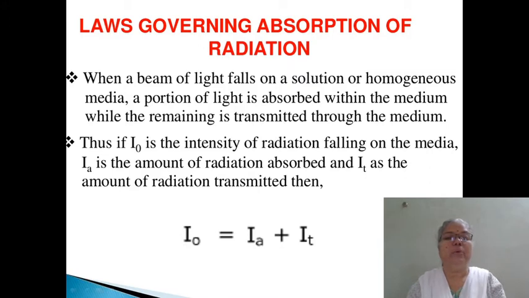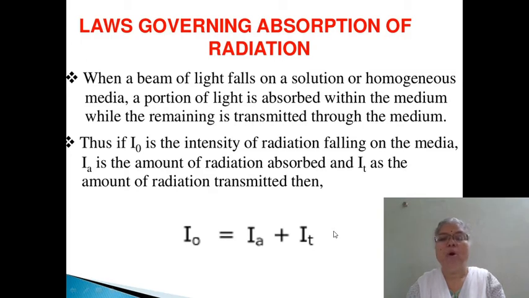If I0 is the intensity of radiation falling on the medium, IA is the amount of radiation absorbed, and IT is the amount of radiation transmitted, then we can write the intensity of incident radiation as the sum of the intensity of absorbed radiation plus the intensity of transmitted radiation plus the intensity of reflected radiation.